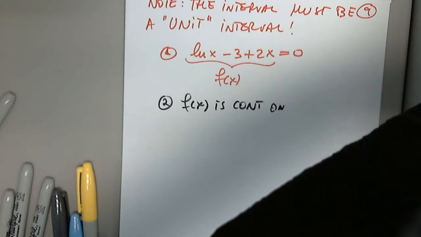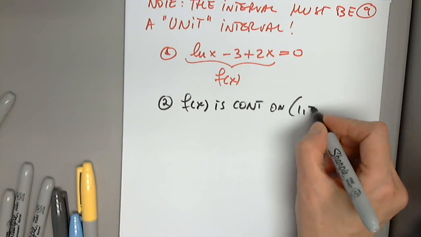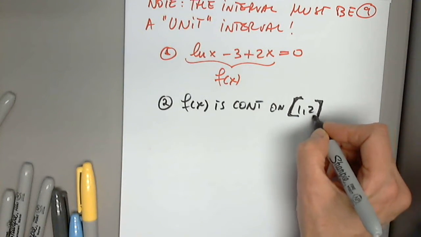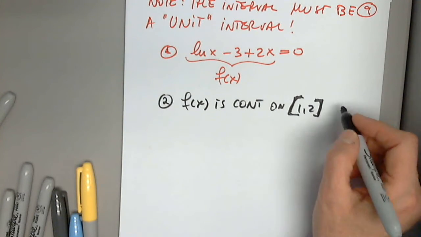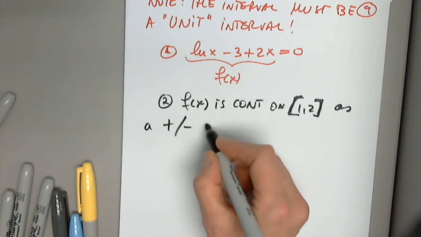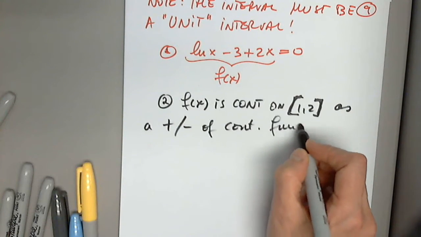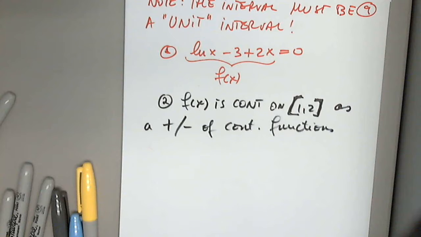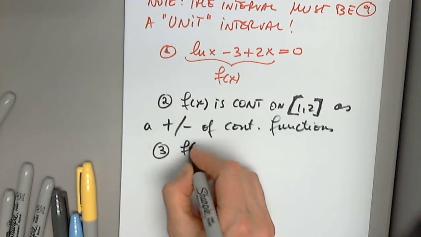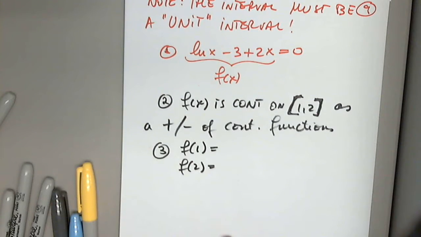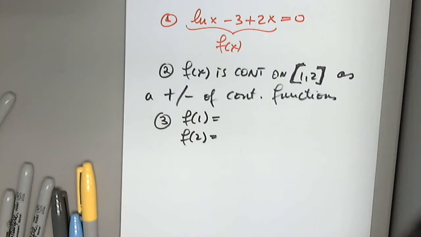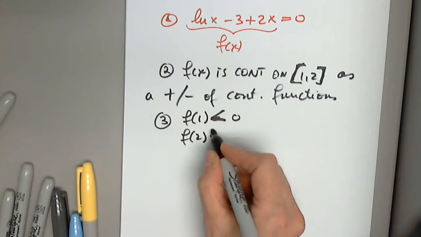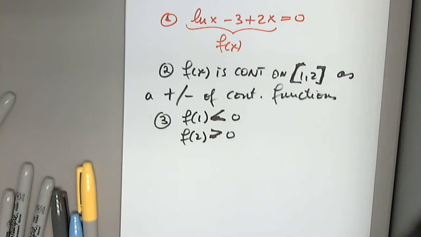So I can write it now on the closed interval 1, 2, as a sum and difference of continuous functions. And number 3, I would write that f of 1 is, and f of 2 is. I really don't need to copy the numbers. You do not have to copy those numbers. You only have to check and say f of 1 is less than 0, f of 2 is greater than 0. That's all I care about.